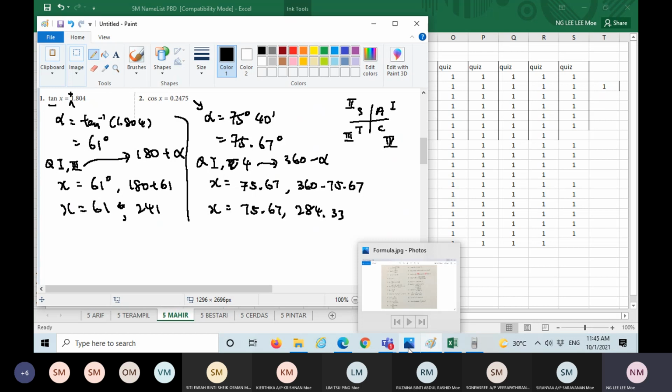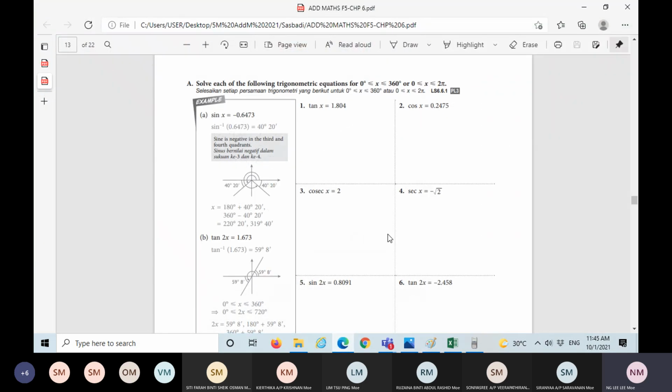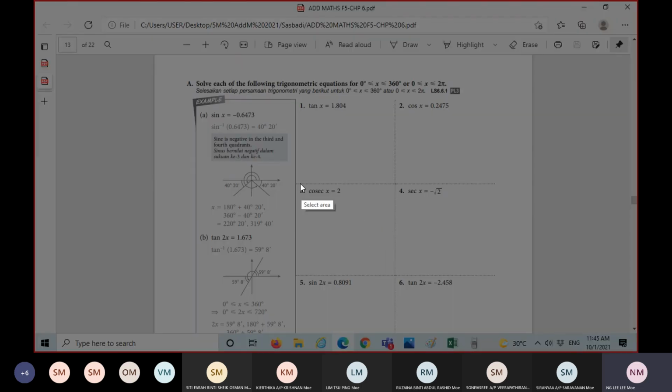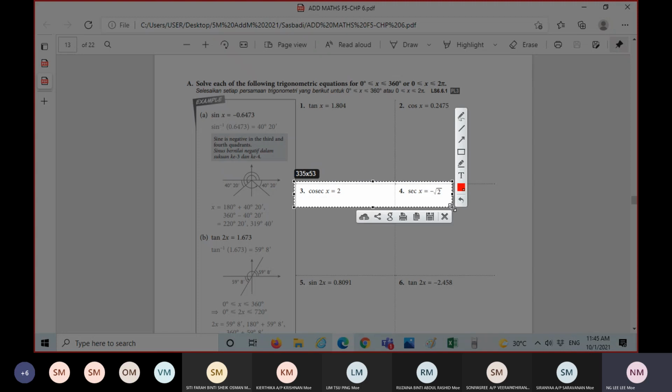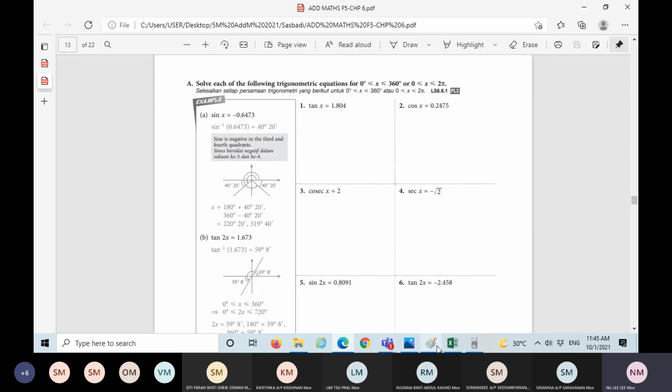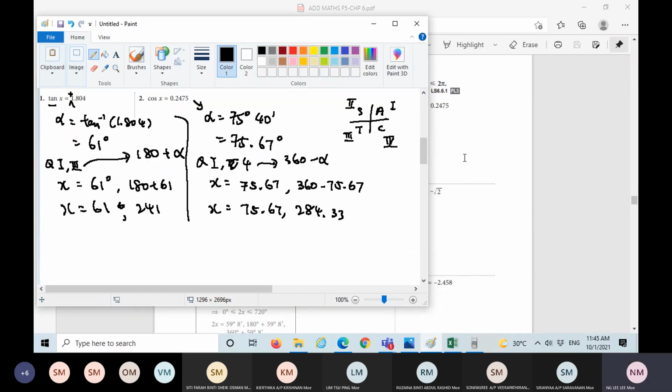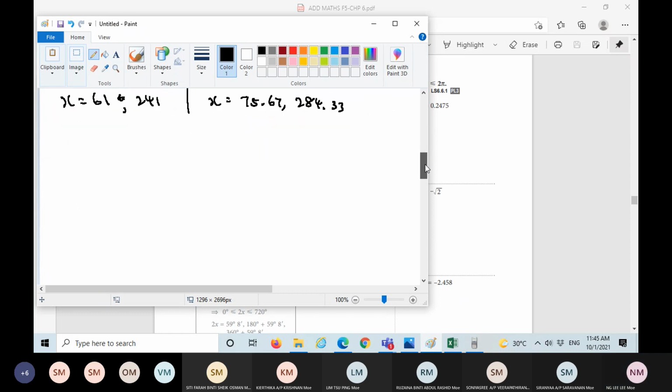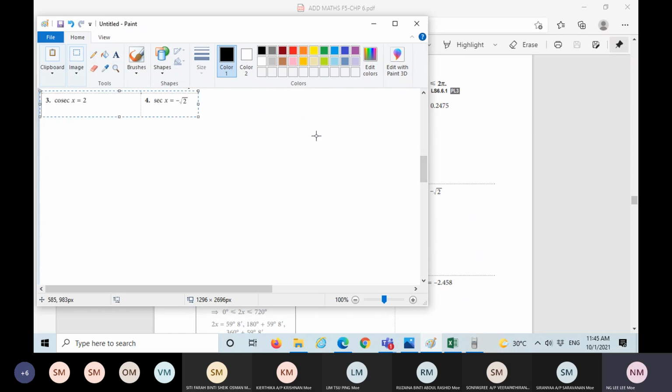Here are the next 2 questions, question 3 and question 4. More and more difficult ones, you will see. Honeys, may I know cosecant is 1 over what?